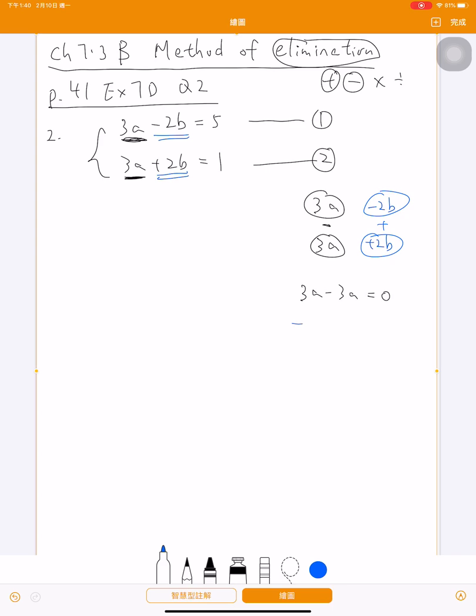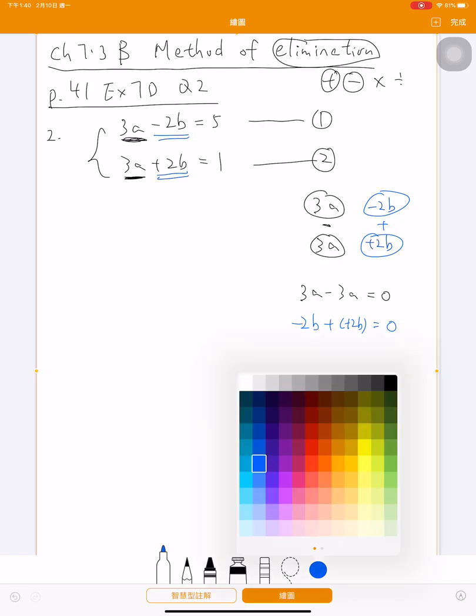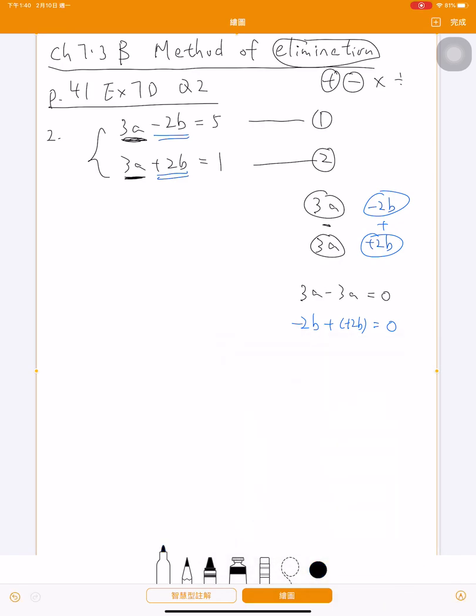Think about it, negative 2b plus positive 2b is equal to 0, right? Understand what I mean? So for this simultaneous equation, we have two ways to do it. For example, if I use the minus, equation 1 minus equation 2.